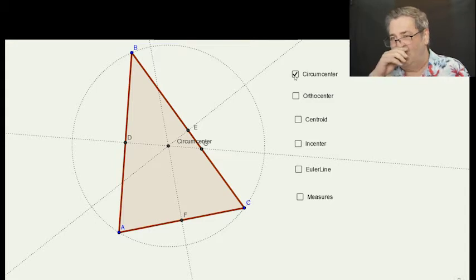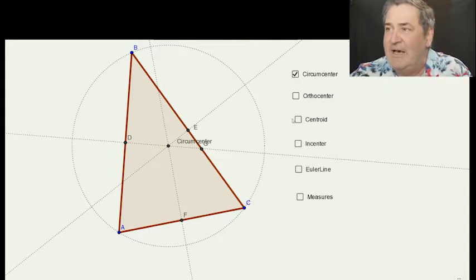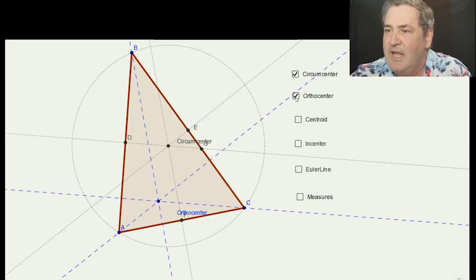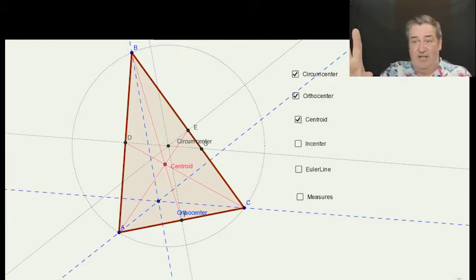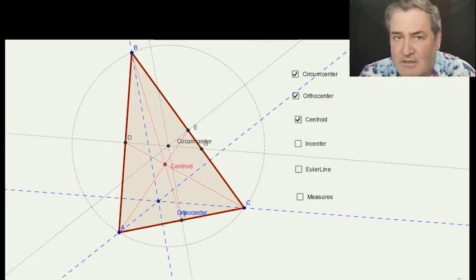Now, there's something kind of cool about the relationship of all these. If we put the circumcenter on there, and we put the orthocenter on there, and now we're really going to trash it up, we're going to put the centroid also. Look at all them lines. There was a Swiss mathematician who lived in the 1700s, and around the year 1765, he discovered, looking at all this, that the circumcenter, the centroid, and the orthocenter of a triangle are collinear.